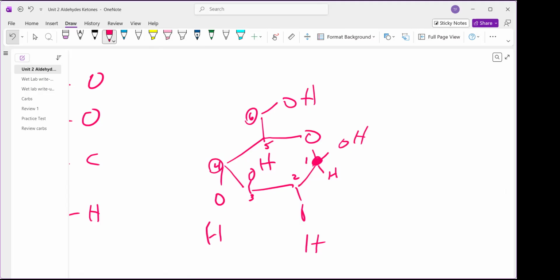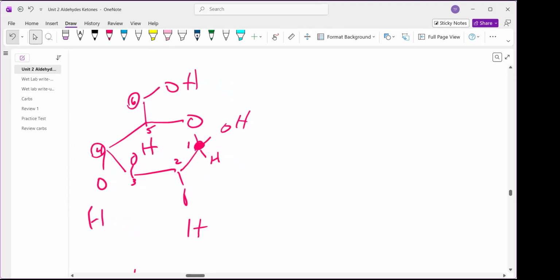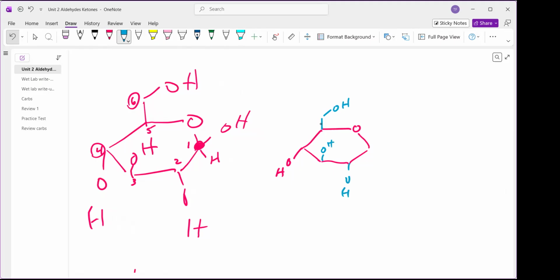So what happens is we're going to use carbon number 4 OH group as the alcohol that attaches to the glucose. All those blue ones are not going to be affected at all.